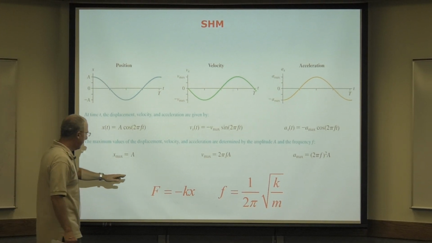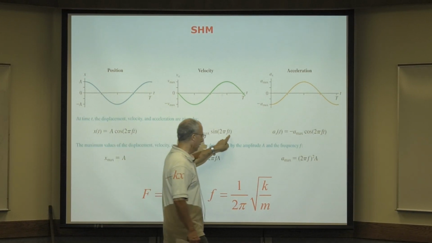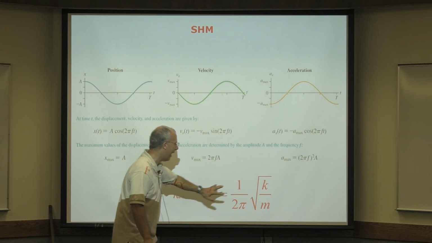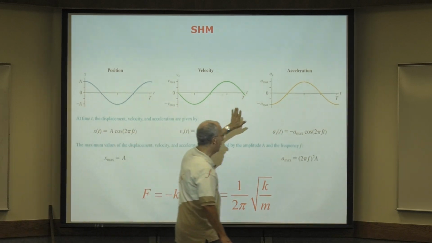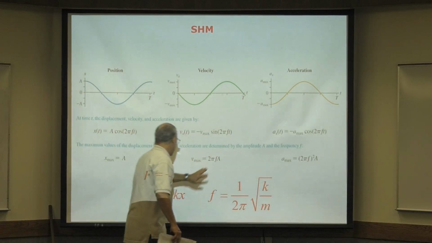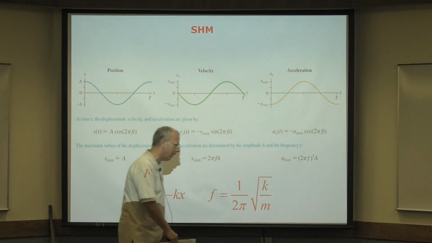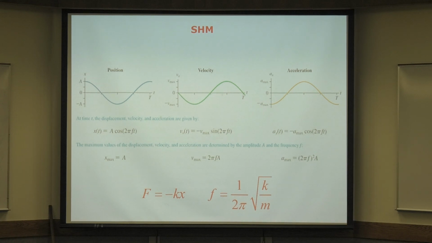Here's the F, but the F has a K. So if you know the K, you know everything there is to know about the kinematics, the frequency, and the period. So basically, if you can show something undergoes simple harmonic motion, and you can figure out the K, you've solved the problem. You know everything there is to know.